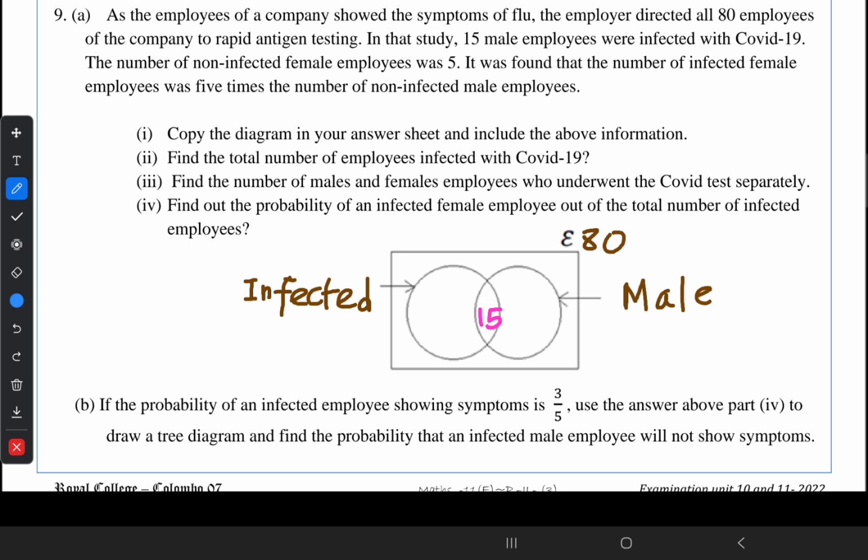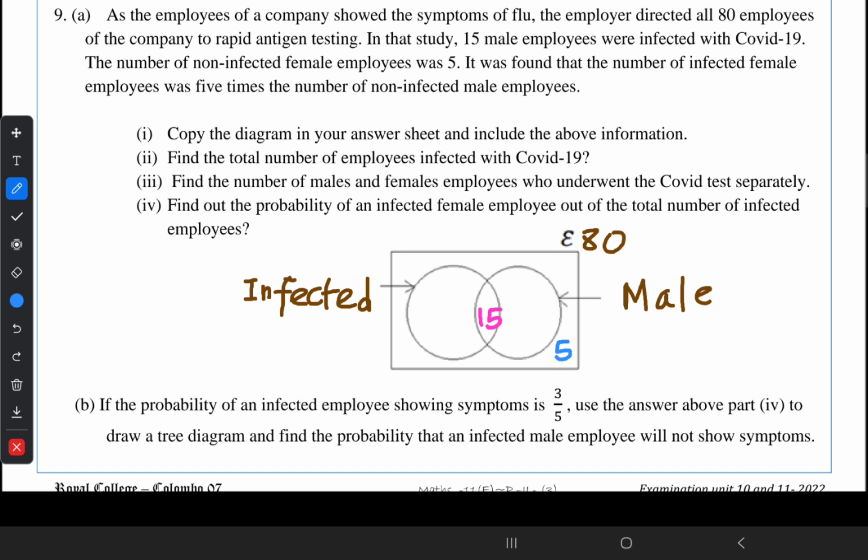Non-infected female should be in the external region outside these 2 circles. So non-infected female is 5.